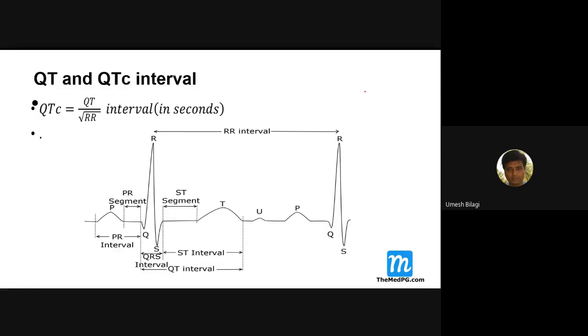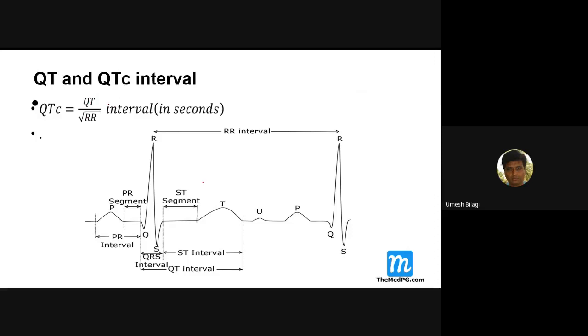Now let us go to the QTc interval. The importance of QTc is that the QT interval varies with the heart rate. If the heart rate increases, the QT interval shortens. So to call the QT prolonged, you should consider the square root of the RR interval.